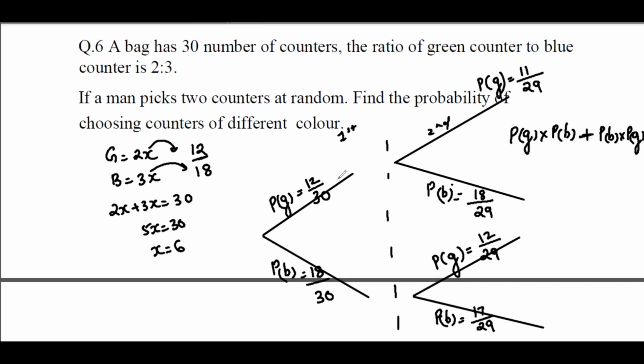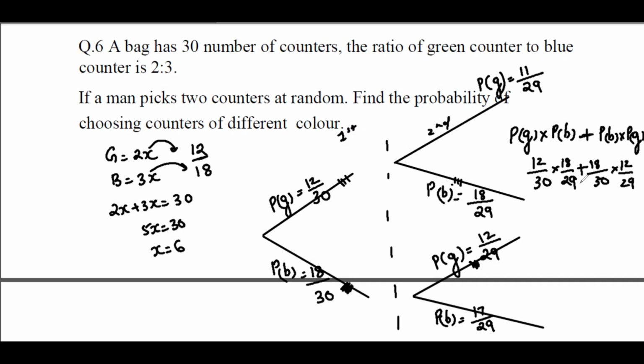If he is picking green in the first pick, probability is 12 over 30. Then he is picking blue in the second pick, it's gonna be 18 over 29 because we have to see the different color counters. Plus probability of blue in the first pick, that is 18 over 30, and green in the second pick, which is 12 over 29.